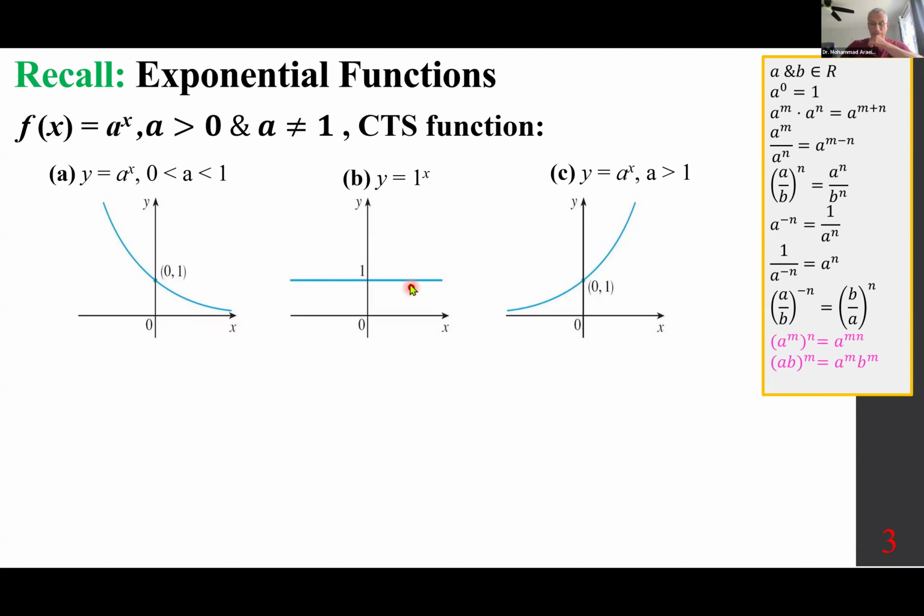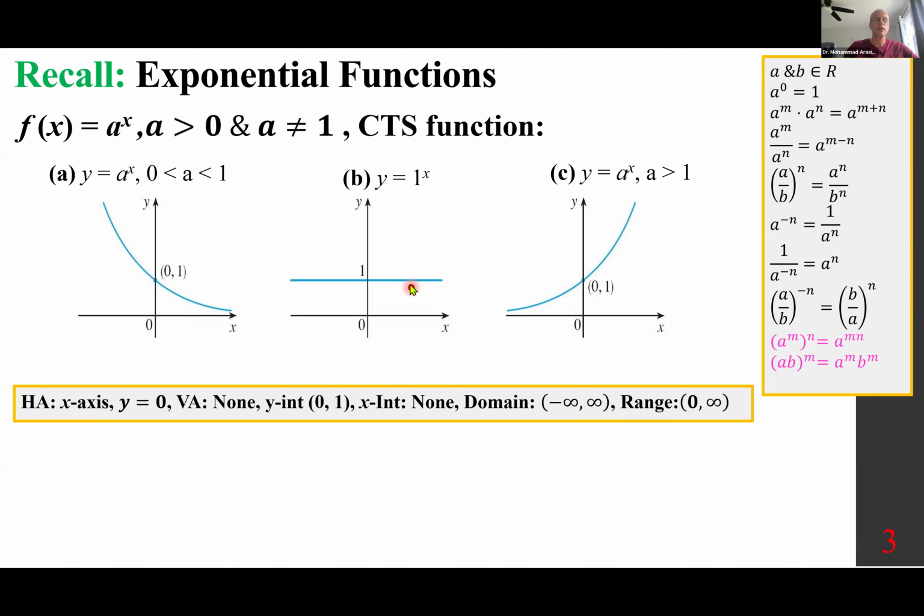It's a horizontal line. So what do we notice? We notice, talking about both graphs, the horizontal asymptote is the x-axis, which has the equation y equal to 0. There is no vertical asymptote. The y-intercept takes place at (0, 1) in both cases.